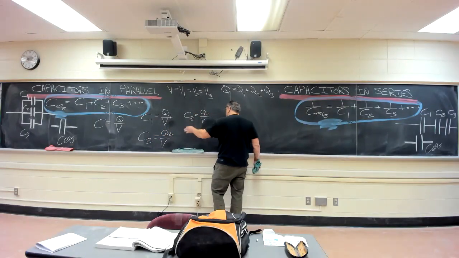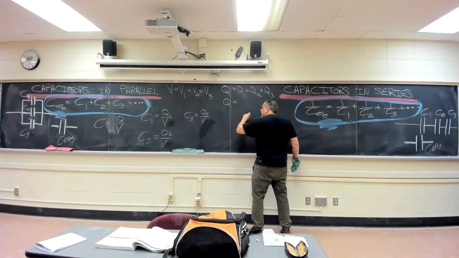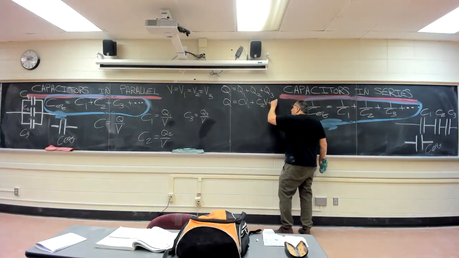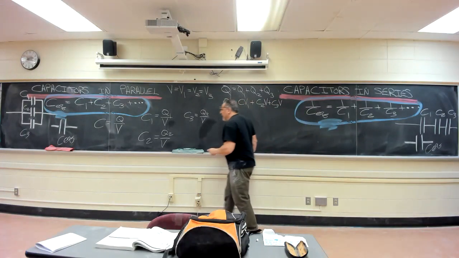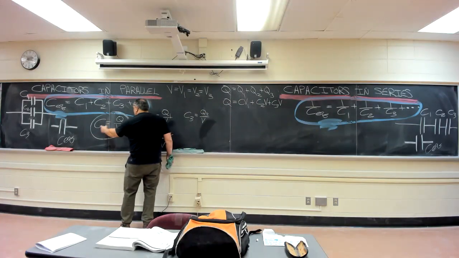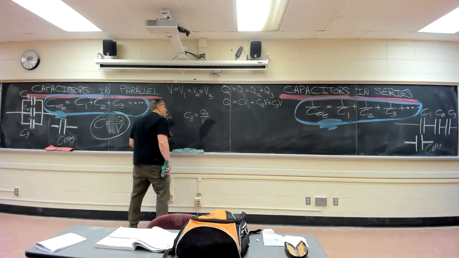If you multiply by V on each side, you get Q3. Q1 is C1V, Q2 is C2V, Q3 is C3V. Wait a minute. Isn't, in general, if you multiply by V on each side, any Q is C times V?